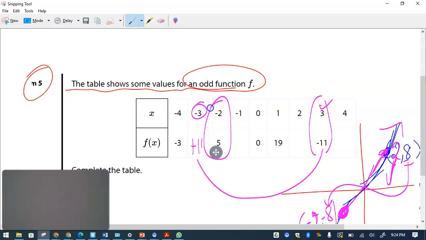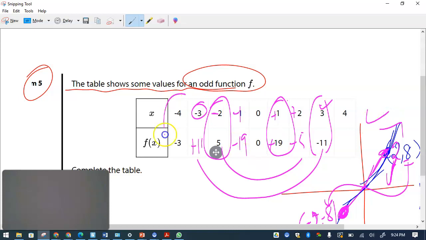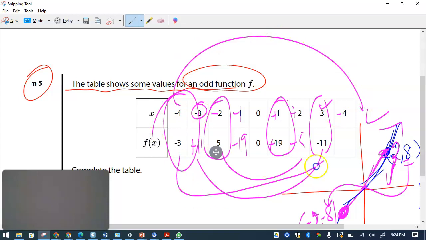If this is negative 2 and 5, the opposite of negative 2 is plus 2, so this has to be negative 5. And the last one, 1 is 19, so -1 is the opposite of plus 19, which is -19, and you're done. Of course, there's one more here and here. So this becomes -4. This will change to +3. So just change that. That's it.